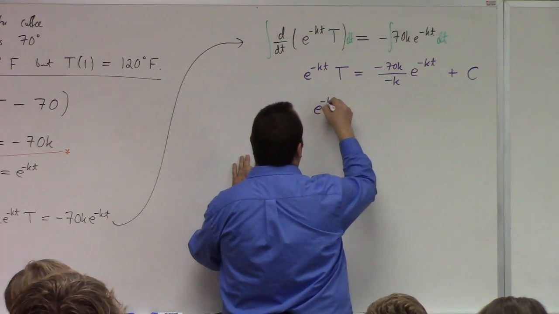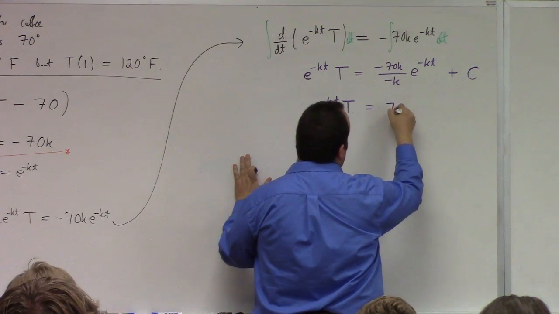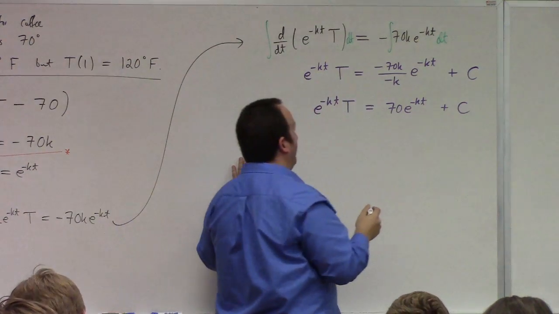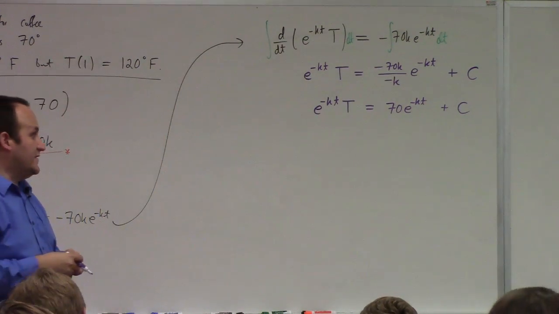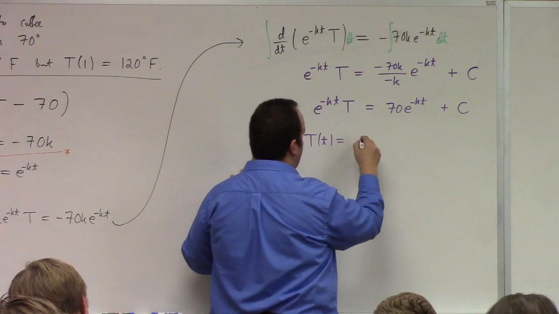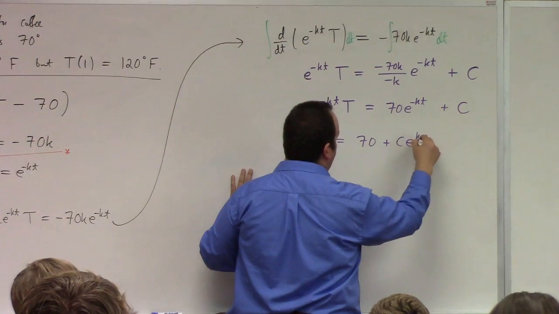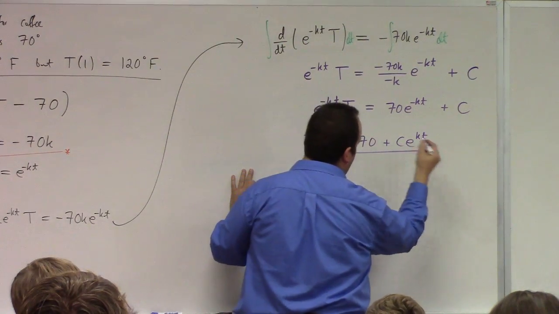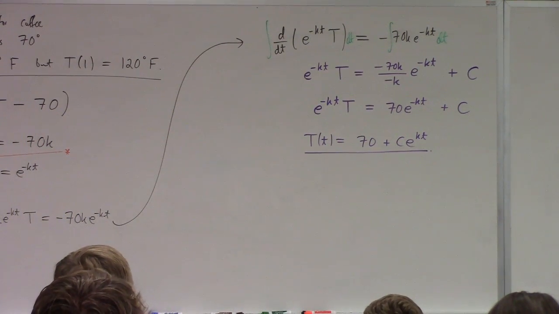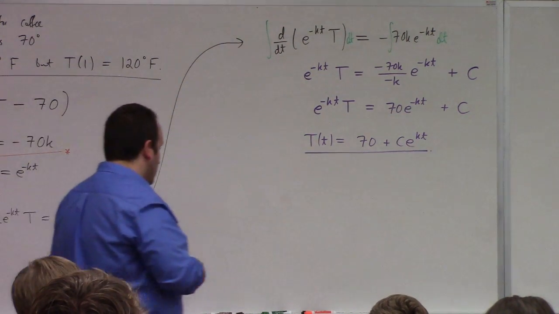We have e to the minus kt times T equals 70 e to the minus kt plus C. So you can solve that for T. We get T of t is 70 plus C times e to the kt. All I did was multiply both sides by e to the kt. It's cool.